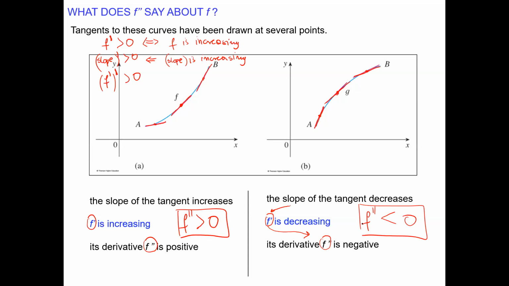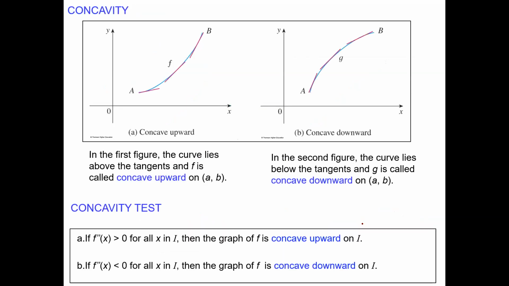Okay, that's the answer to the question, what does the second derivative say about the function? And let's actually look at the proper terminology. If the function is bended up, the proper way to say it is concave upwards.